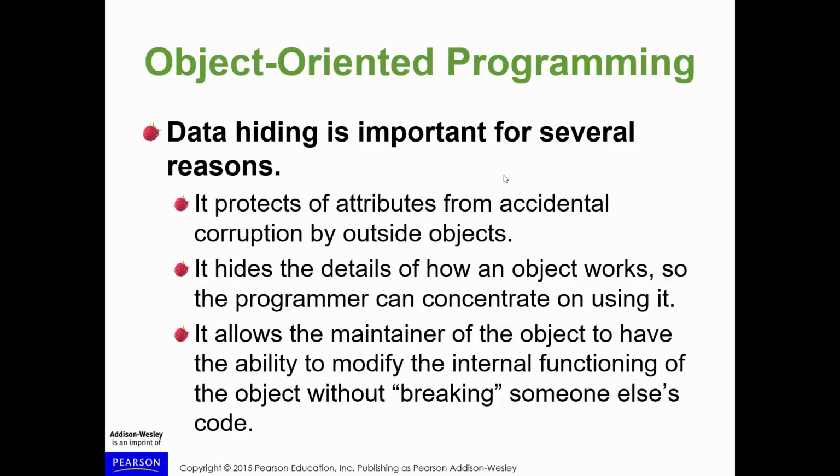I don't know what happens inside of my car to make that happen. I don't care what happens. I do care that when I put it in reverse, I don't go forward. All right? So the actual act of what happens inside of my vehicle when I put the car into reverse is hidden from me. And as it says there, it protects the attributes from accidental corruption by outside objects.